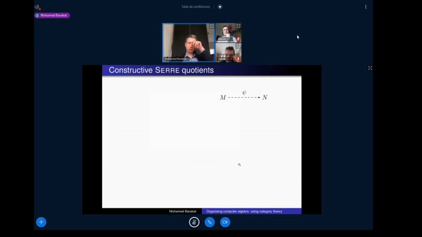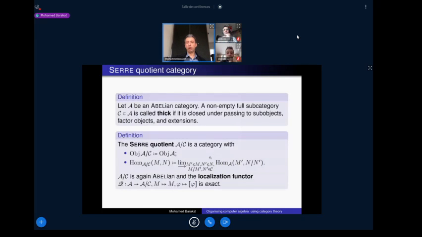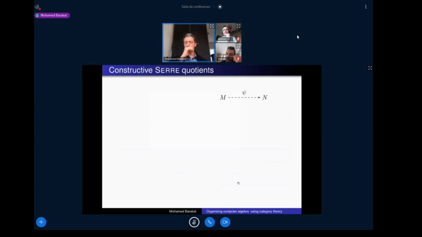So let's try to understand, first of all, what is the structure of an element in this right co-limit. If you want to encode a morphism from M to N, we have the freedom of passing to sub-objects of M and passing to sub-objects of N, such that M modulo M prime and N prime are in this thick subcategory C. So this is the diagram.